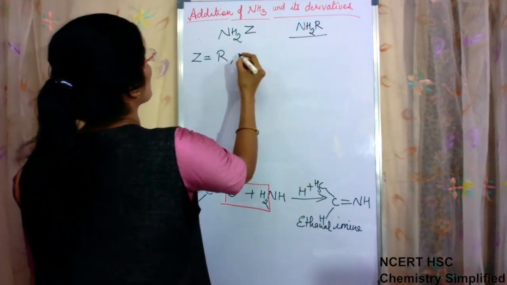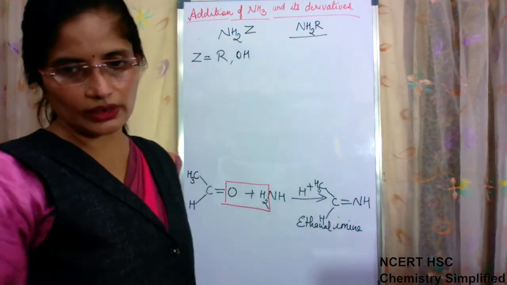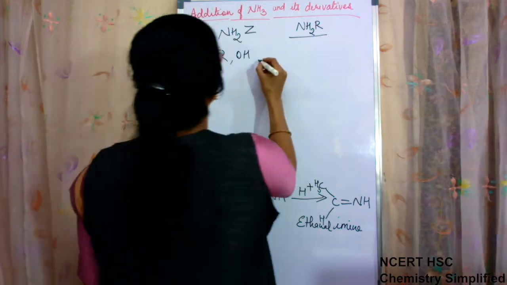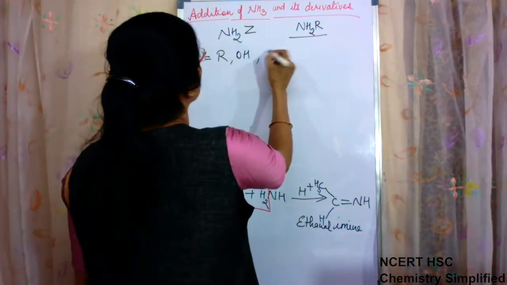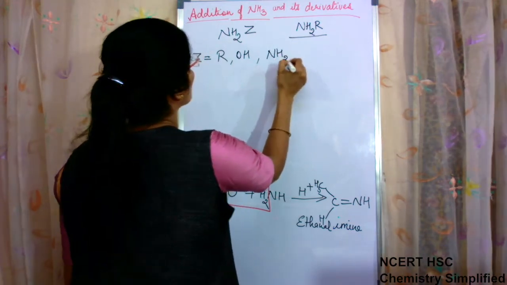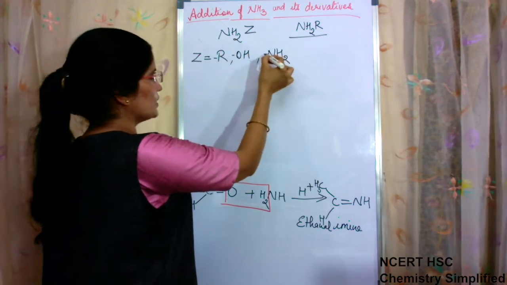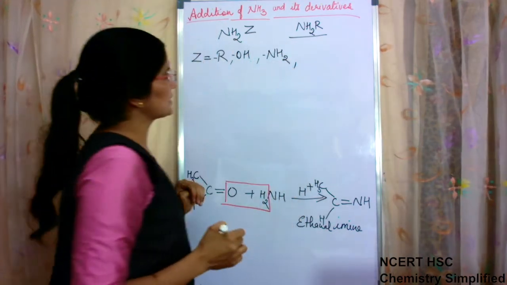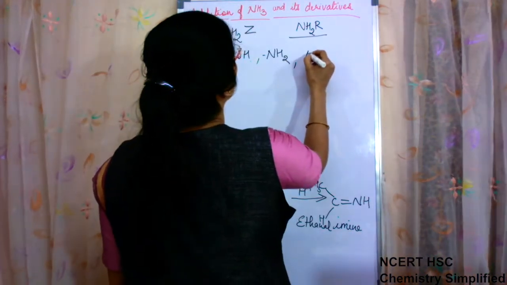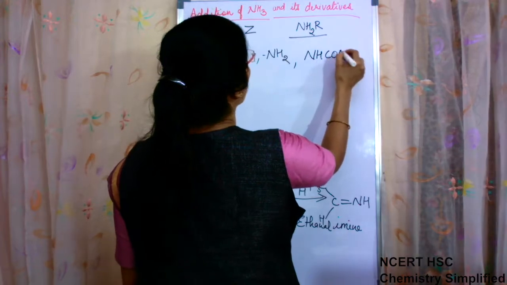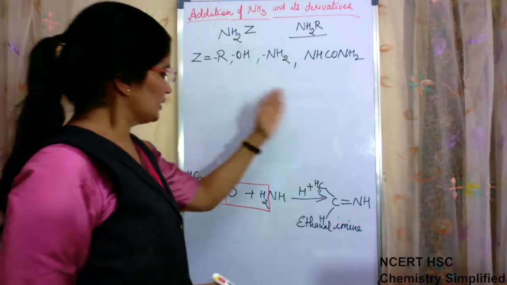Then this Z may be OH also. Then this may be NH2 also. This Z group which we attach can be R, can be OH, can be NH2, or it can be other groups like NH-CO-NH2. It will be clear to you when we write the reactions.